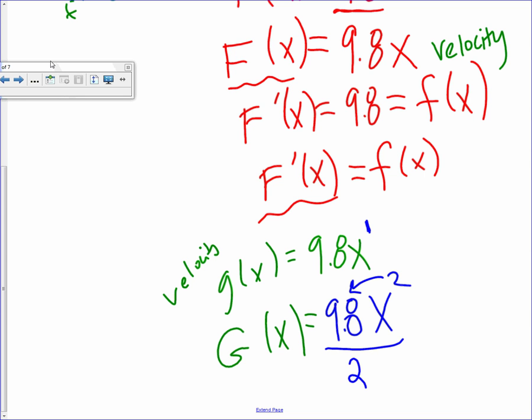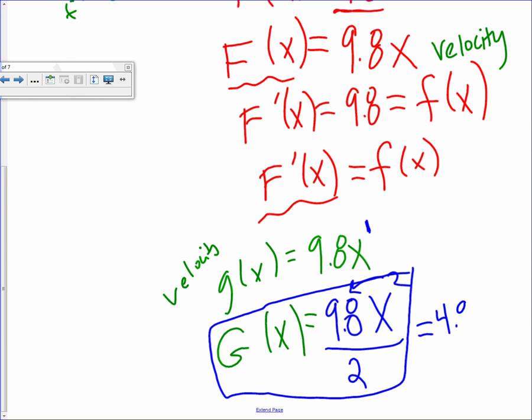So this is the antiderivative, 9.8 over 2 x squared. We could simplify that: 9.8 divided by 2 is 4.9 x squared. That is the antiderivative of 9.8x.